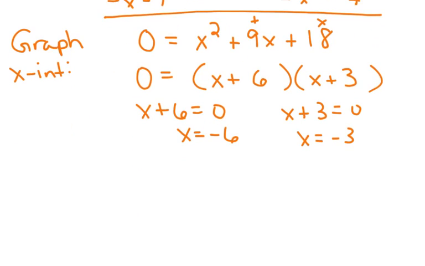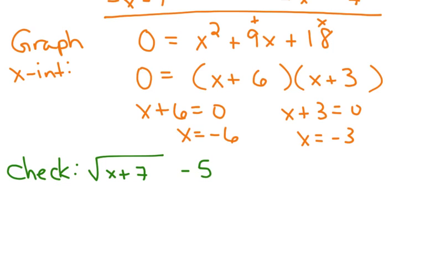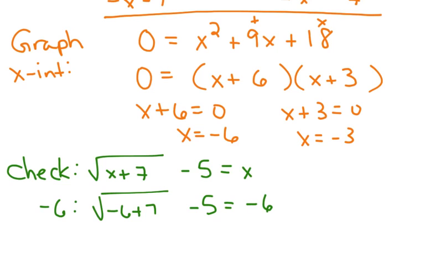Now, one of the things I said was to go back and check your answers. So now we're going to go back and check, because I want to show you what's going to happen. So in the original problem, which was the square root of x plus 7 minus 5 equals x, when I check negative 6, I get the square root of negative 6 plus 7 minus 5 equals negative 6, which is the square root of 1 minus 5.